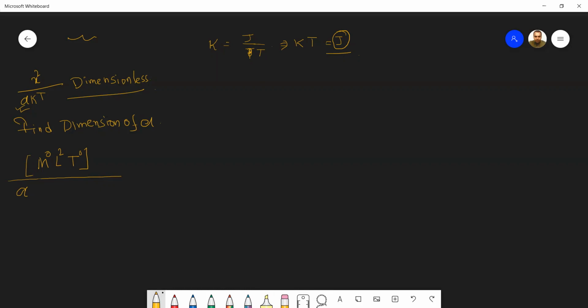So J is the work done. What will be the dimension of J? Work done is equal to force multiplied by distance. So we can write this as M1 L1 T minus 2 for force, multiplied by L, being the dimension of distance.